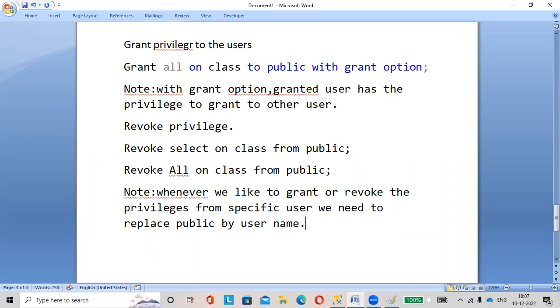Is it clear about grant and revoke, ma'am? Yes. Just practice this, create one table and check, okay? It is less than 1 minute. Yeah, sure.